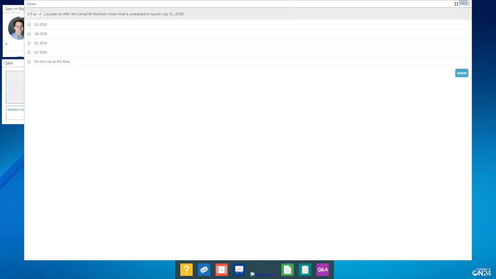So now I've just taught you some of the basics of what PenTest Plus is. I'm going to go into a little more detail in a moment with the objectives. But what I wanted to ask is, based on what you've learned right now, you've seen some of the certs similar to it, when do you plan to offer the CompTIA PenTest Plus exam? And the final is scheduled to launch July 31st. So based on the July 31st release date, would it be Q3, which would be July, August, September?